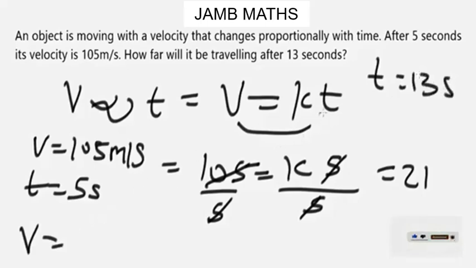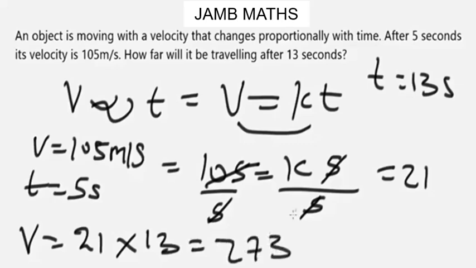Since our constant k is 21, v equals 21 times 13. When you punch it on a calculator, it's going to give 273 meters per second. The object will be moving at this velocity after 13 seconds. So that's the answer to this question.